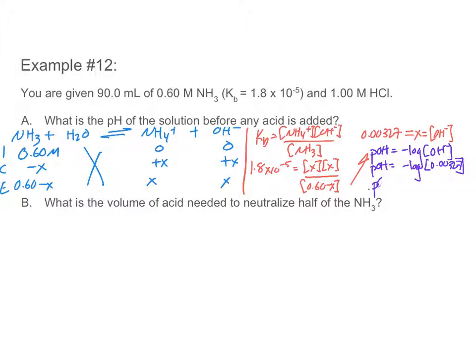The pOH is equal to 2.48. And the pH then would be equal to 11.52. And even I can do the math in my head to know that that one adds up okay.